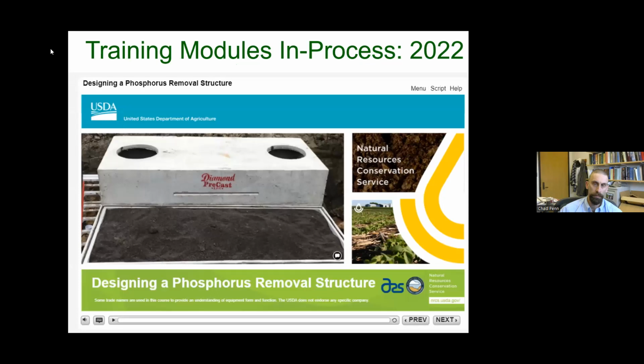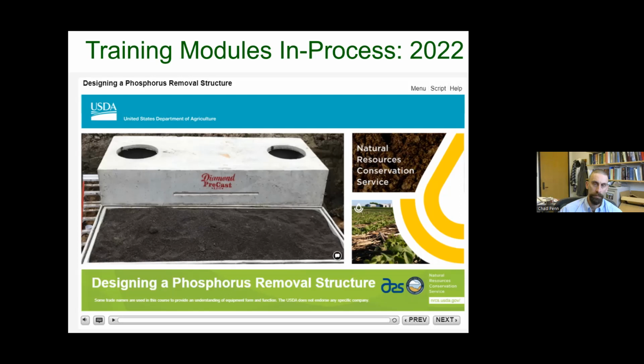There are training modules being produced by a cooperative effort with the NRCS, ASABE, and ASA. We're making these training modules so people can become certified in design of P removal structures. There's two separate modules. One's for the engineers, one for conservationists.